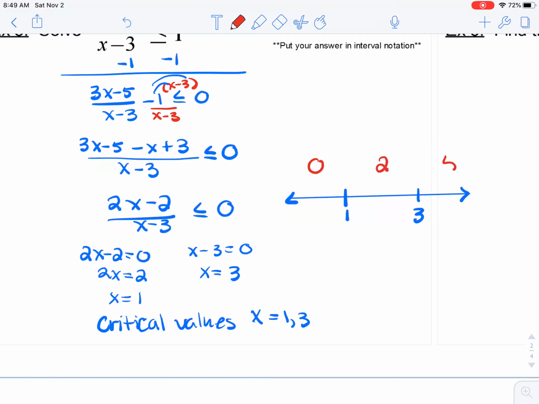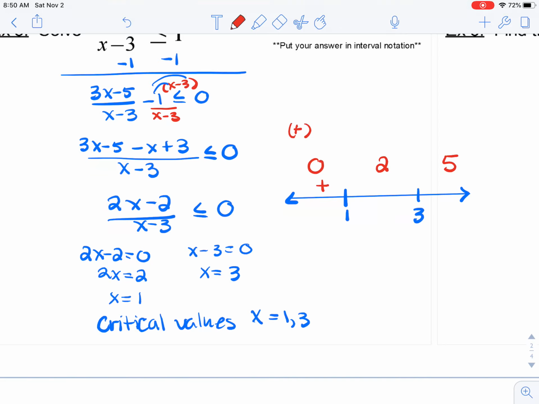And to the right of 3, I can use 5. All right, so if I plug in 0, the numerator would be negative. The denominator would be negative, so a negative divided by a negative would be positive. So this interval is positive.